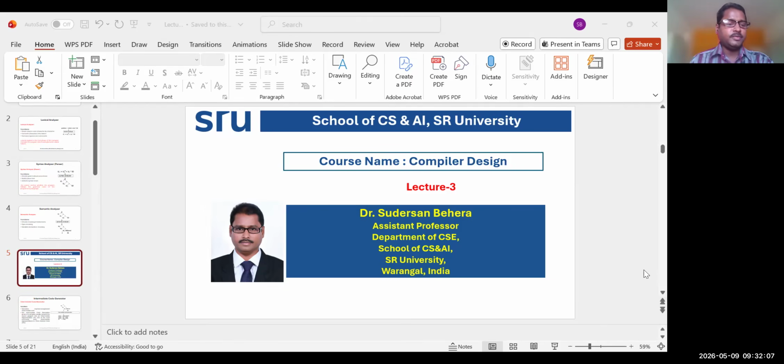Let me recap on that. We started realizing the work of each and every phase of the compiler. We came across what a lexical analyzer is, and we took one example to realize how it performs tokenization. Then the role of the syntax analyzer, how it imposes grammatical structure in order to identify whether a particular sentence is grammatically correct or not.